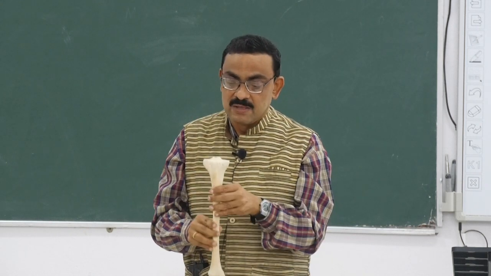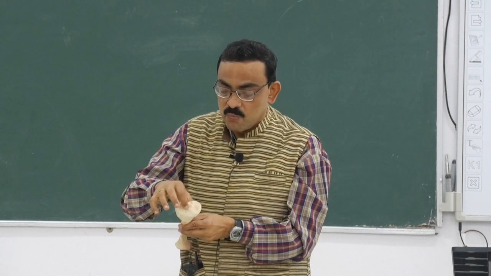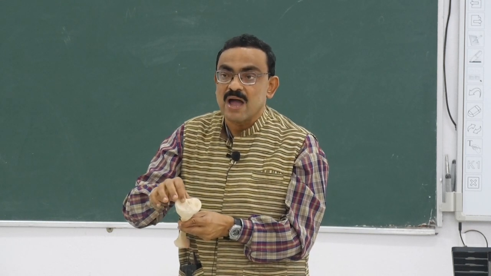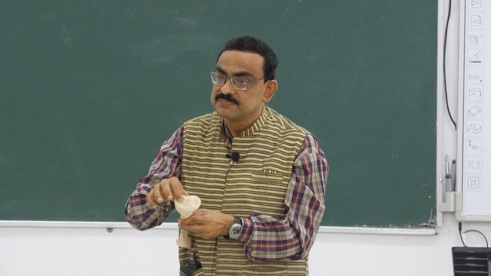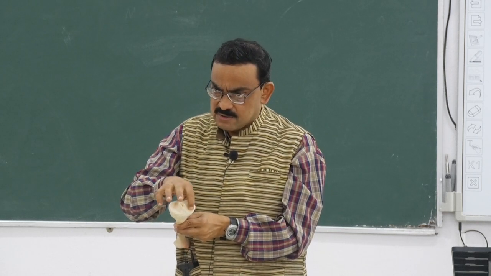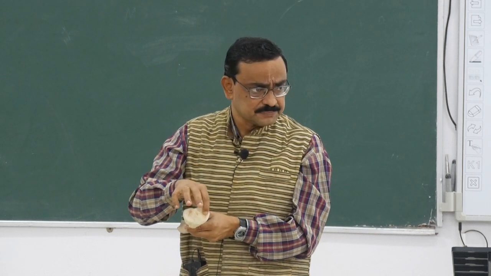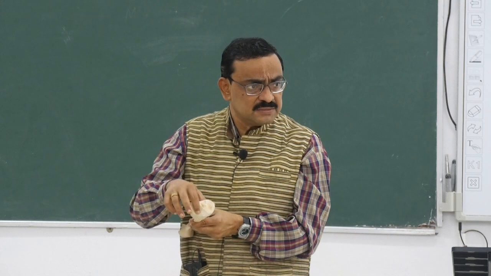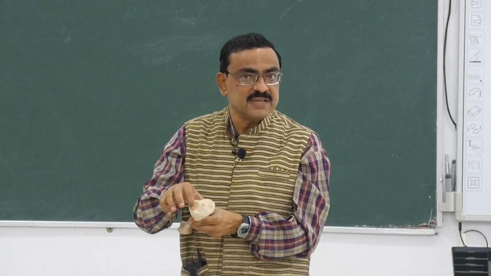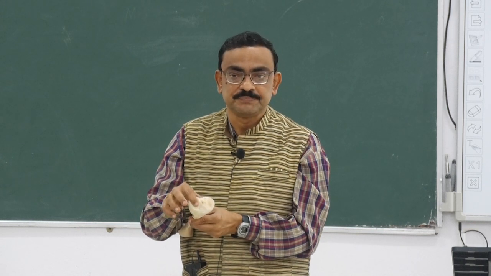Okay. So there is one articular rounded surface here, and one articular surface is oval shaped. The medial one is oval shaped, and the lateral one is circular in shape.